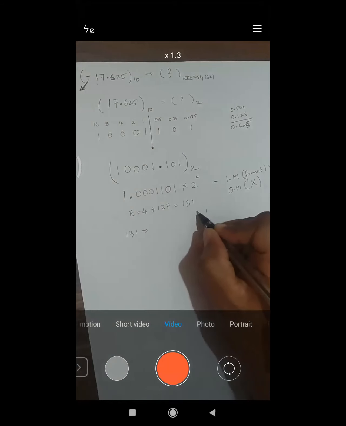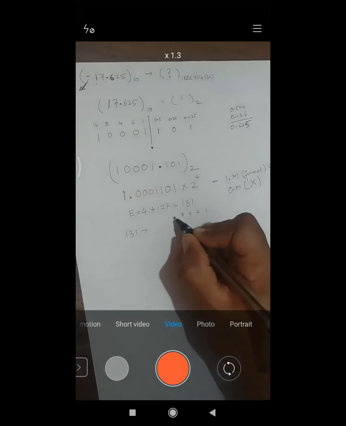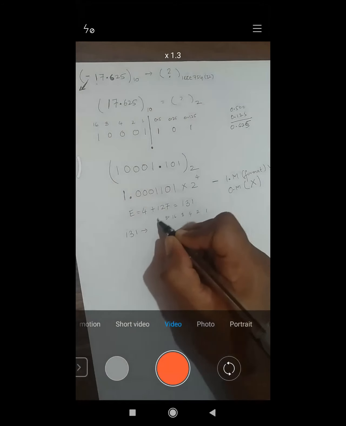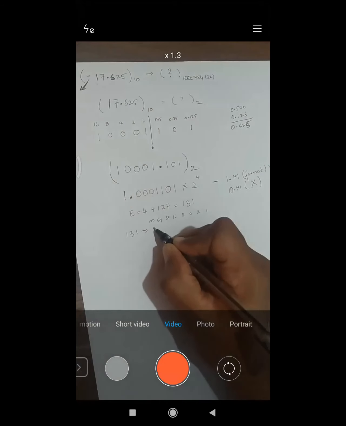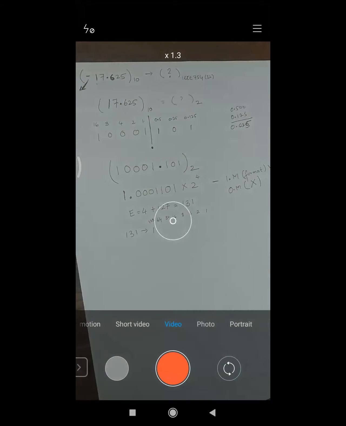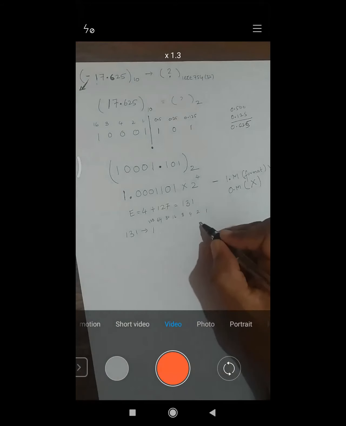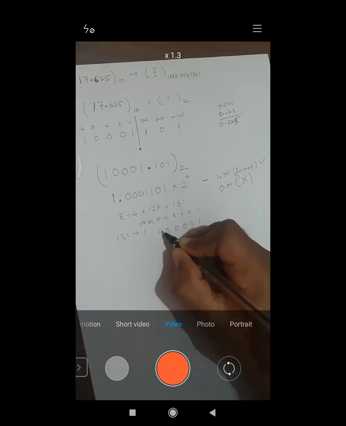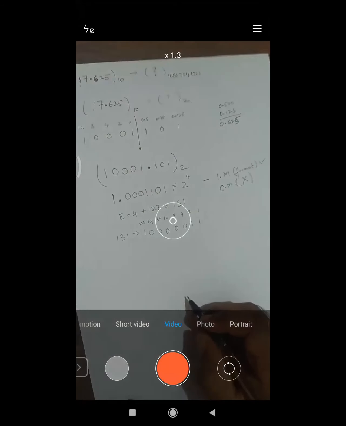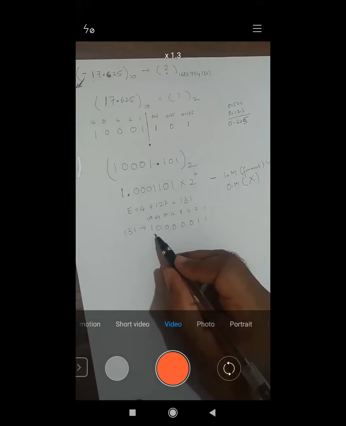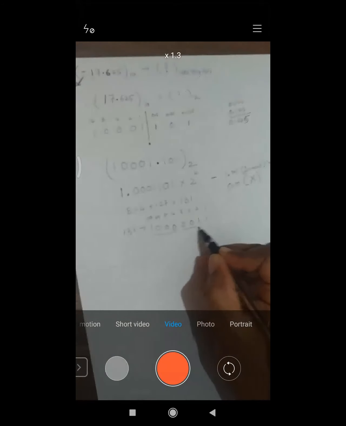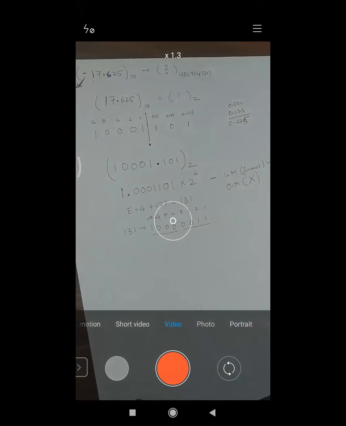So I will write 1, 2, 4, 8, 16, 32, 64, 128. This 128 is done. Now 2 and this 1. So 10000011 is equivalent to 131.